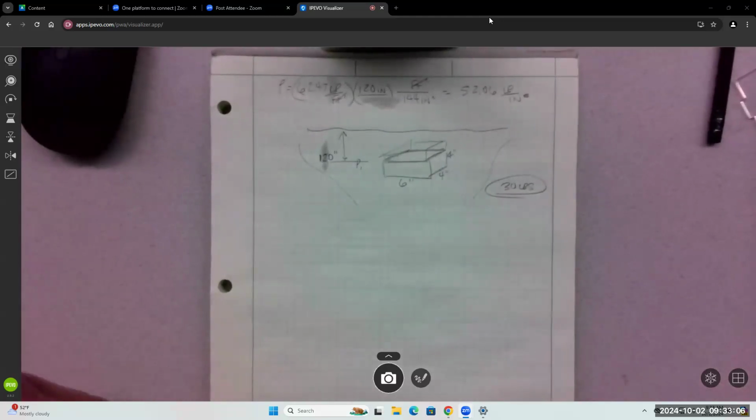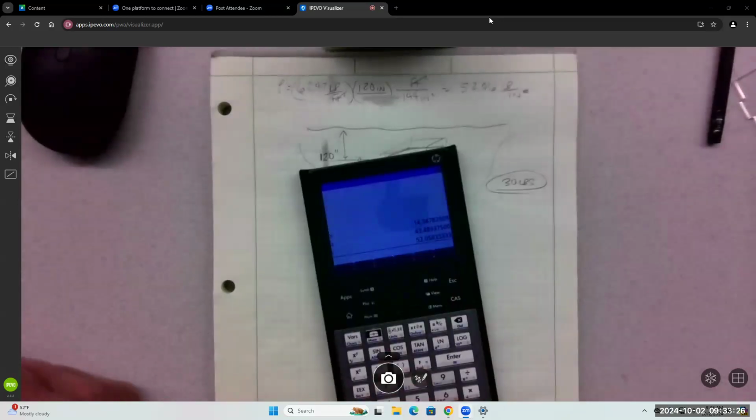Sometimes that gets used, if you're going to use PSI. Right, and then you take that times the 120, 50.05833. 50.06. Right? Got 52. 52, agreed. I just said the wrong number.